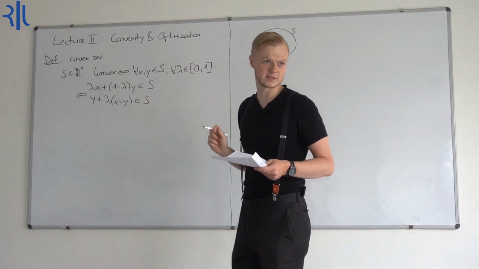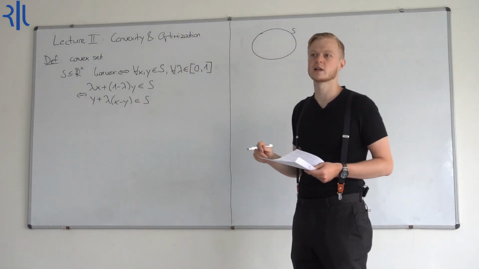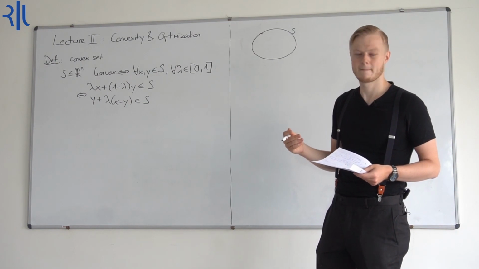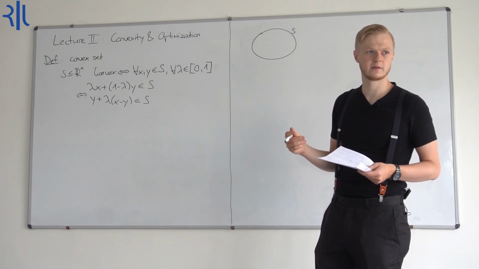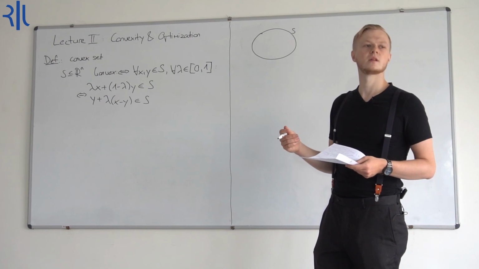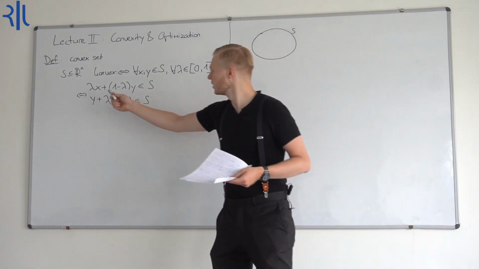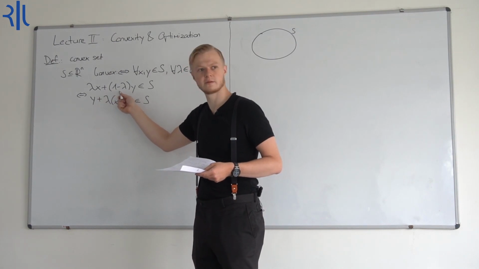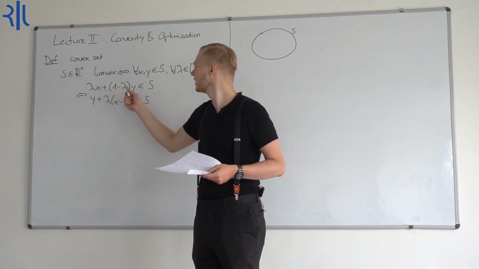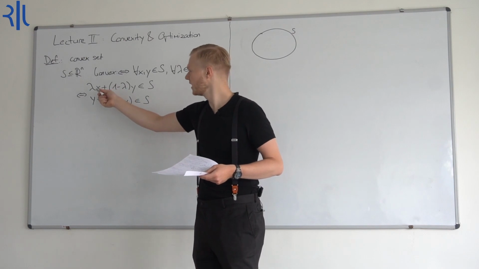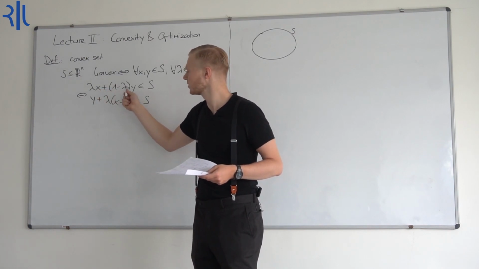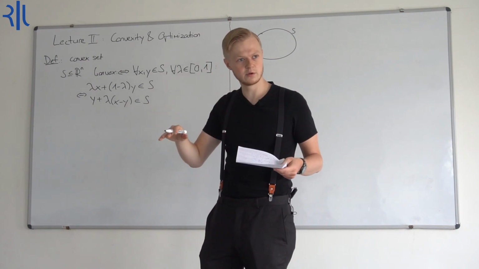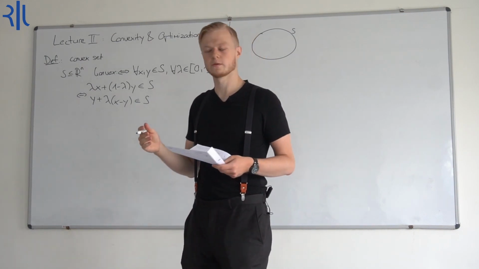So we get just x. And what happens if we choose lambda equals 1/2? We will get 1/2 times x plus (1 minus 1/2), which is 1/2, times y. So we get (x plus y) divided by 2, the average of the two.